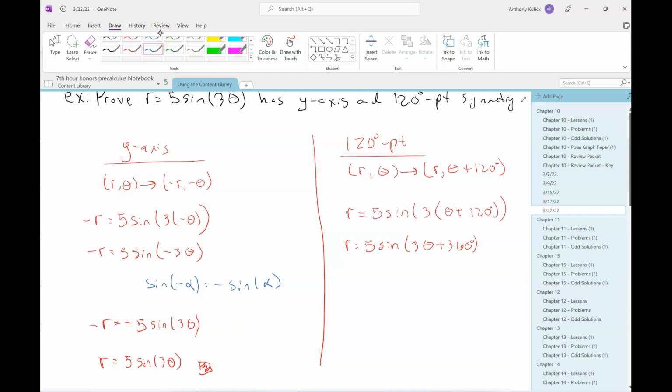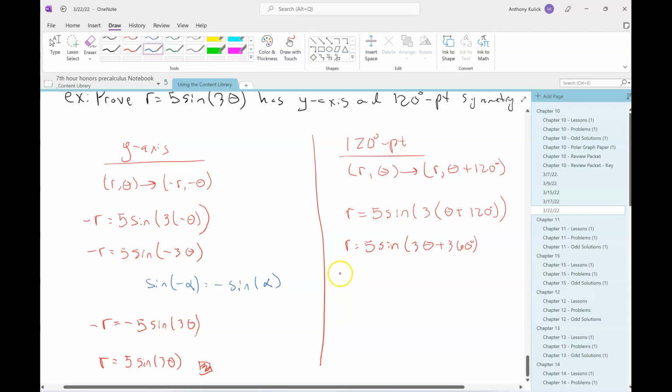Is there an identity that I could use here? Aha! I see one. Do you see it? This would be the sum or difference identity for sine is what I would use here, yeah.